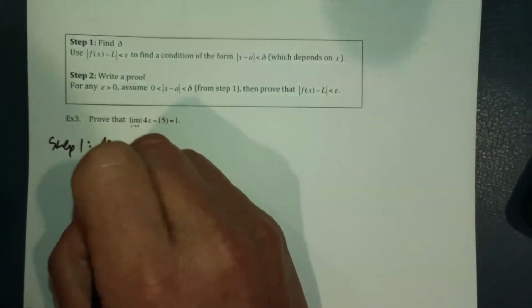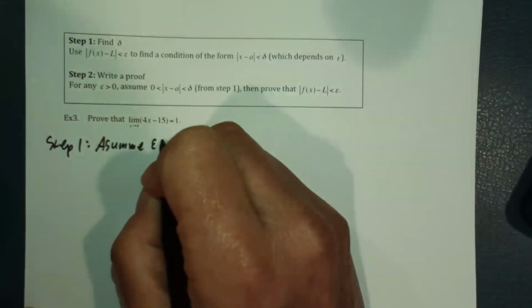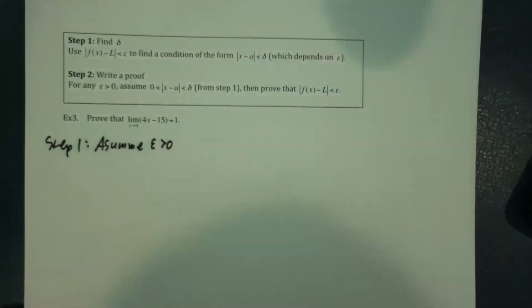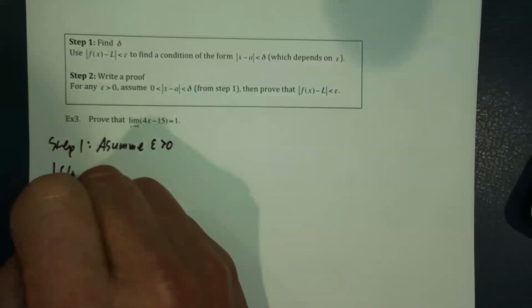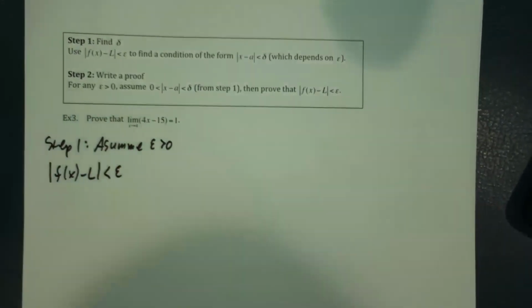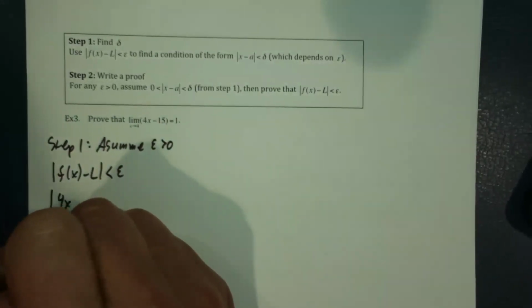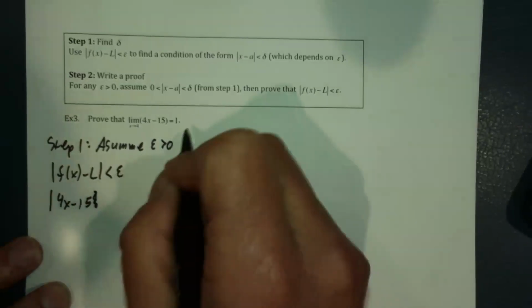We're going to assume epsilon is bigger than 0. All right, so now we're going to do the absolute value of f of x minus L is less than epsilon. We have f of x here, minus L, which is 1.